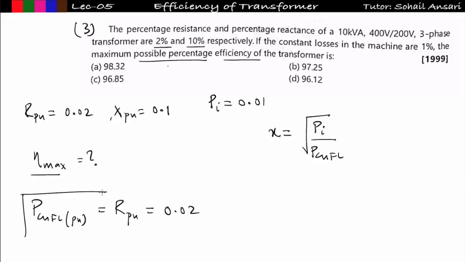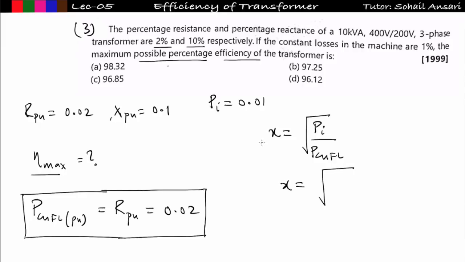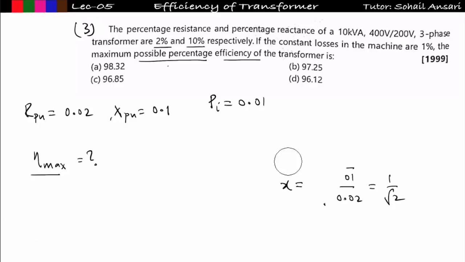Keep in mind, I have already explained you how this formula is coming in lecture number 3. Go through that. So finally I will get x is equal to under root of Pi, that is equal to 0.01 by 0.02. So it will be equal to 1 by root 2.